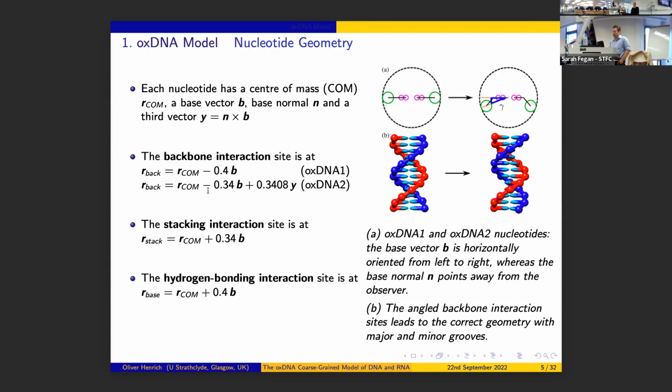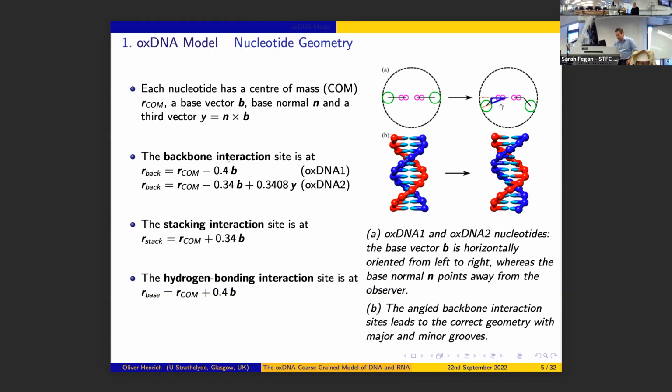In oxDNA 2, you have that. So you've got this y component as well, which is this third vector, and that leads to this angled configuration. The stacking interaction site is just 0.34 length units along the base vector direction, away from the center of mass, and the hydrogen bonding site is a little bit farther away, at 0.4 length units.